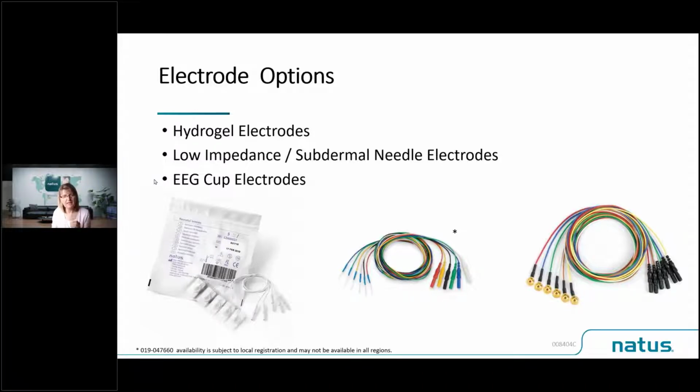The type of electrode we choose really is determined by you as clinicians, bedside nurses, based on the state of the baby, based on any local unit specific policies and protocols, and based on skin integrity and gestational age.